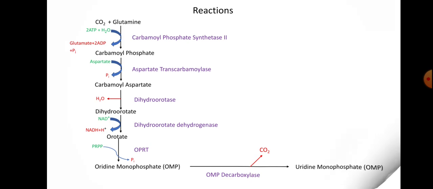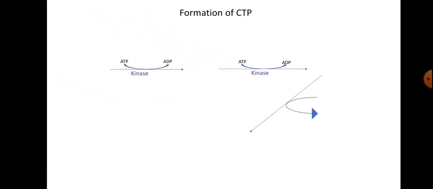Now, we've only formed UMP by this stage, which is only one of the 3 pyrimidines that we have. So how do we form CTP? UMP is uridine monophosphate.